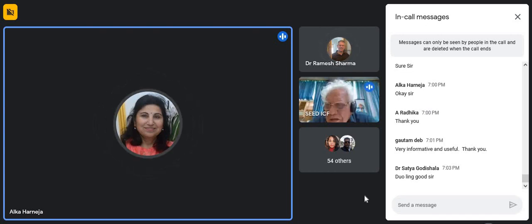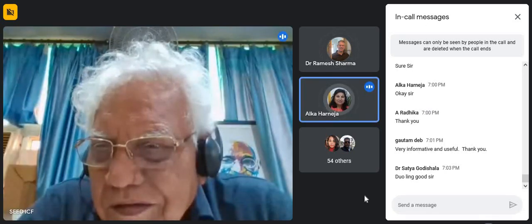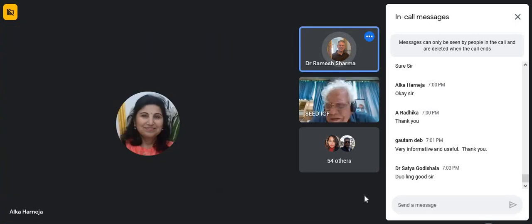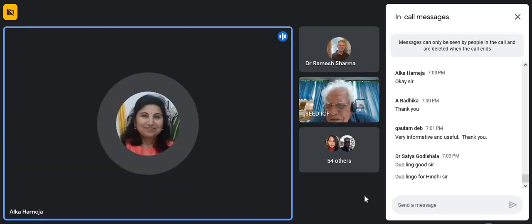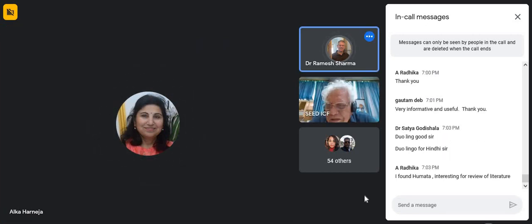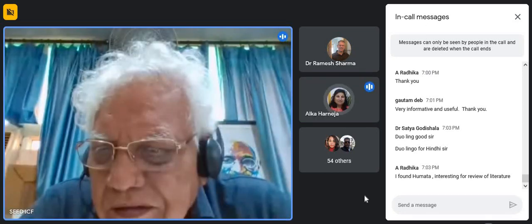Then I started learning Hindi all over again, because I don't remember all the letters. Duolingo, only Duolingo. But I really recommend it to others because it's so simple and very interactive.